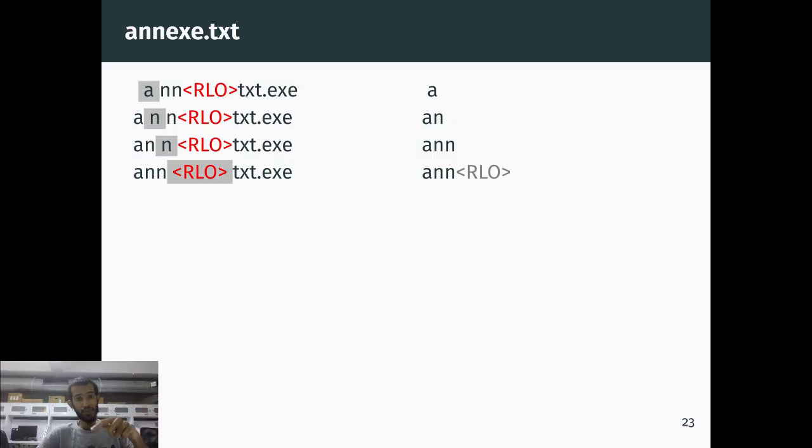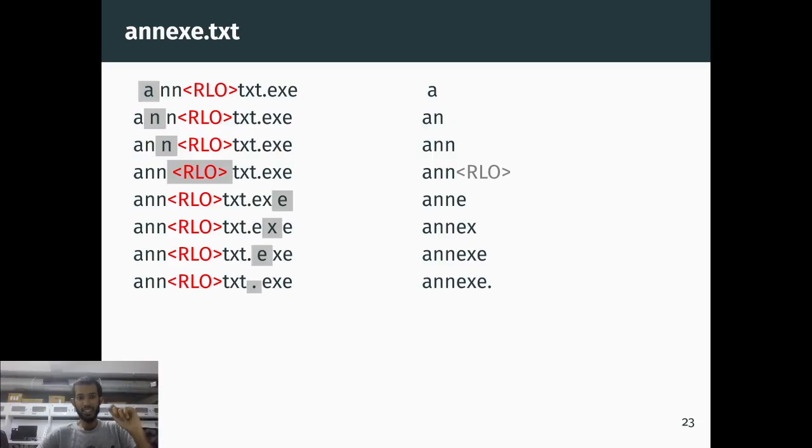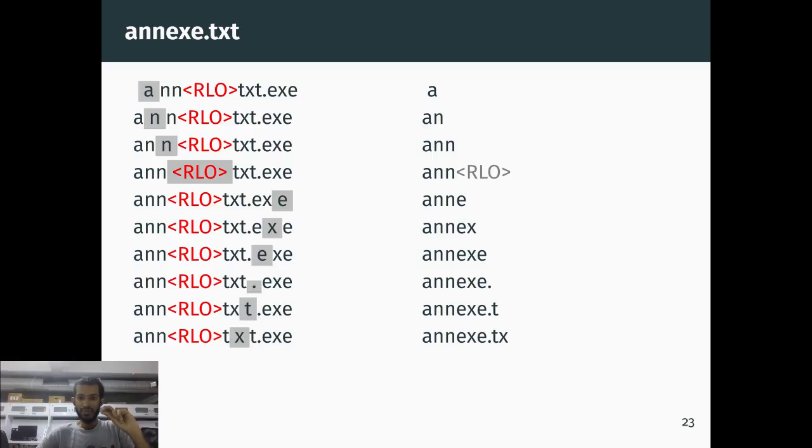So the next letter is not T. Because of the RLO character, it will go to the last character and start displaying from there till the beginning of the RLO. So what it means is that the last E will be printed. Then it goes on towards the left till the RLO character. So like this.